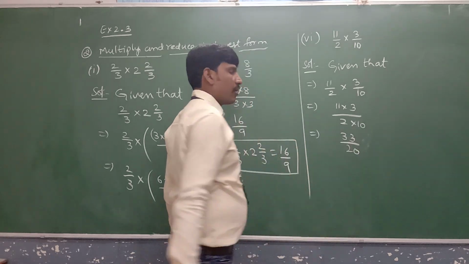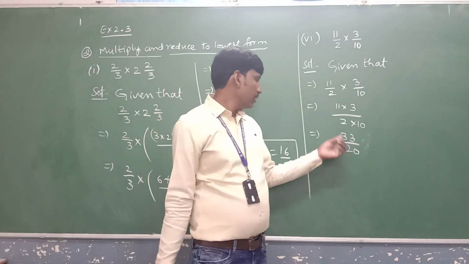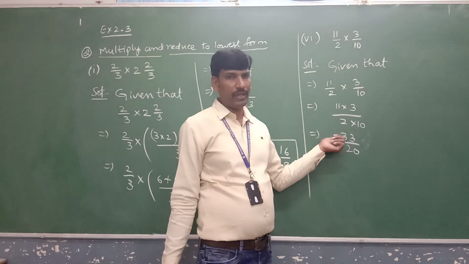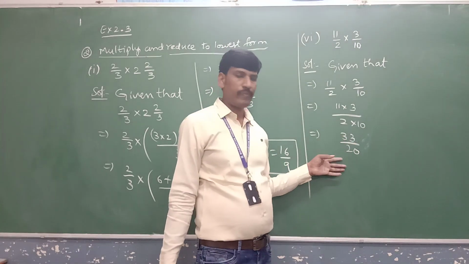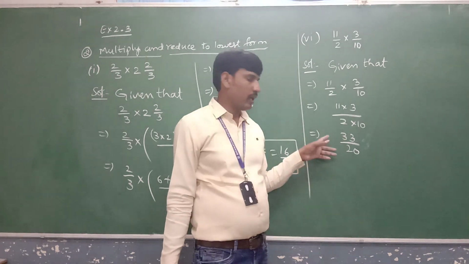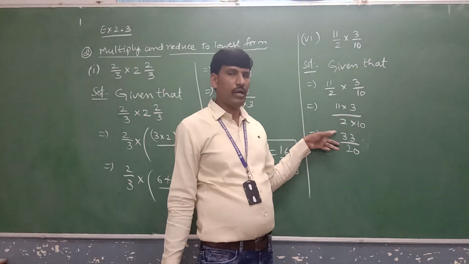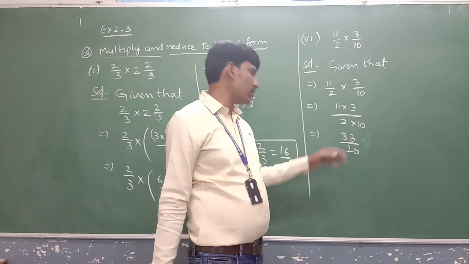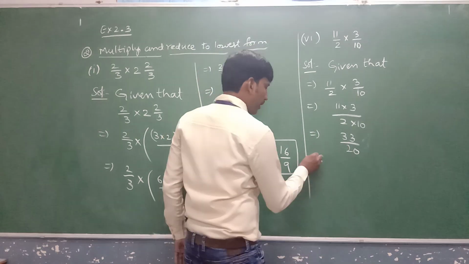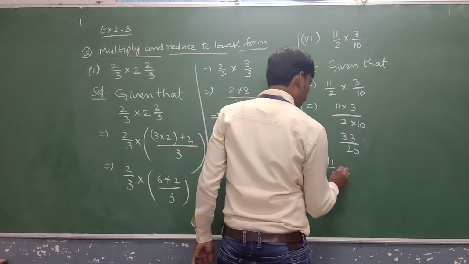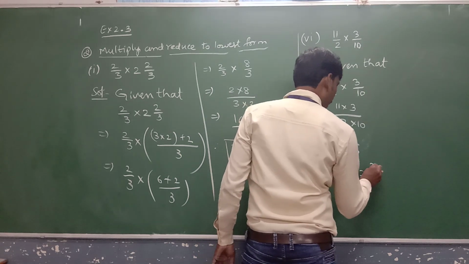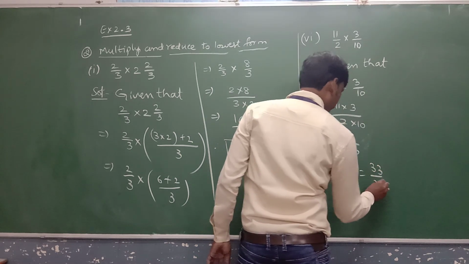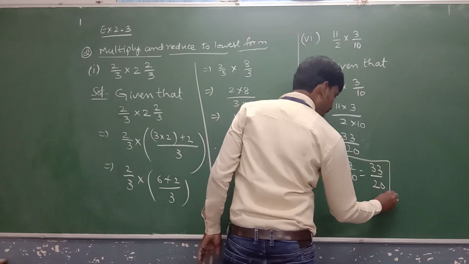Is there any common factor other than 1? 33 is a multiple of 3 and 11. 20 is a multiple of 2, 4, 5, 10. This is even, this is an odd number. There is no common factor other than 1. So this is the lowest form. So therefore 11 by 2 into 3 by 10 is equal to 33 by 20. This is the lowest form.